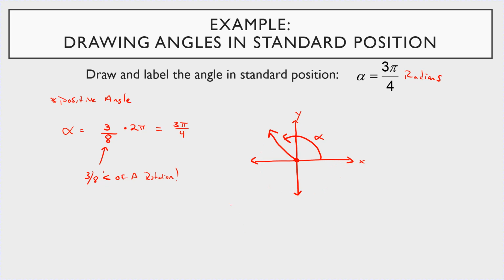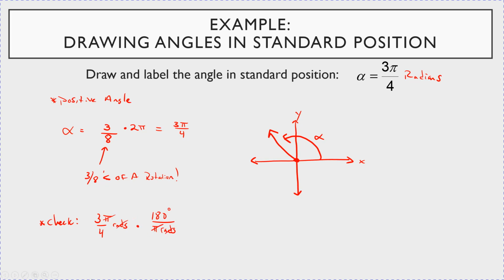You can also, if it helps, convert this to degrees if need be. So if I take 3 pi over 4 radians and I multiply this by 180 degrees over pi radians, pi cancels, radians cancel.